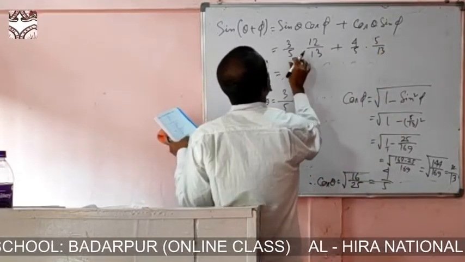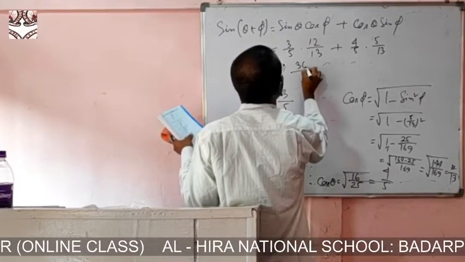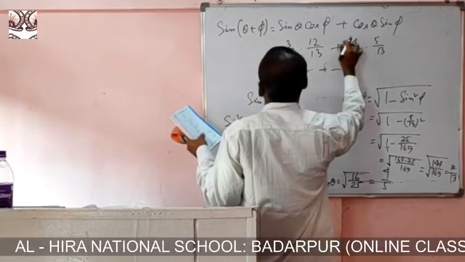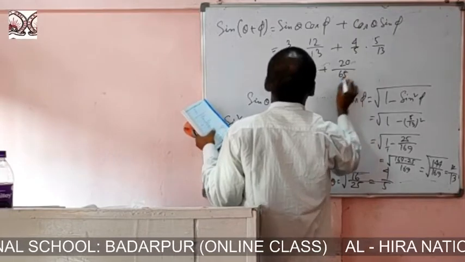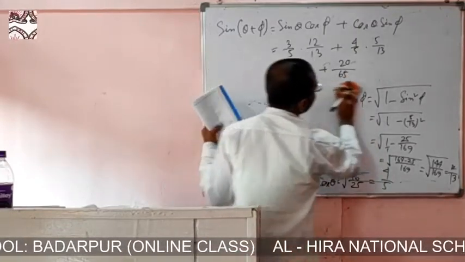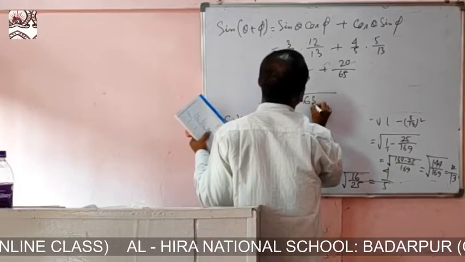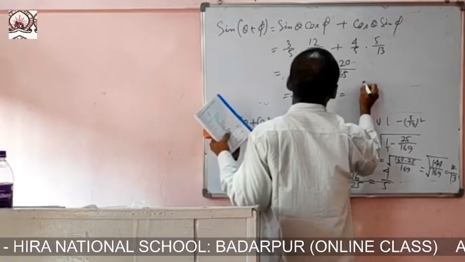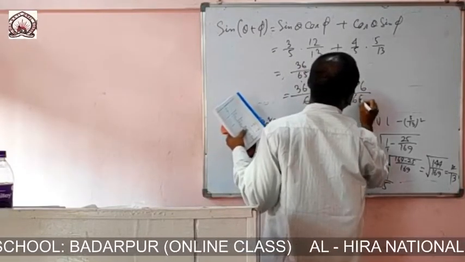So 3 12 are 36, 5 13 are 65, and 4 5 are 20, and 5 13 are 65. Taking 65 common, this is 36 plus 20, which is 56 by 65. That is the answer.